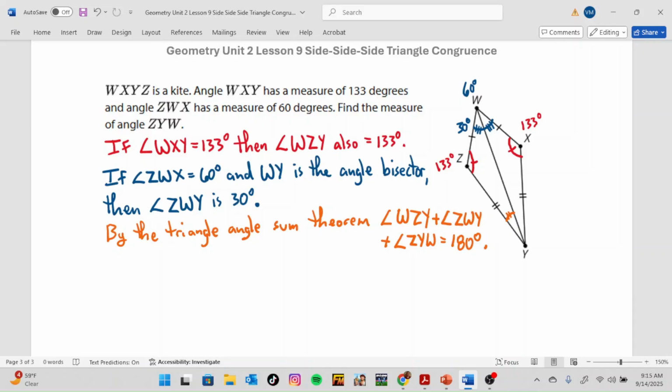Well, I know that the first one is 133 degrees. I know that the second one is 30 degrees. So I just need to find angle ZYW. 133 degrees plus 30 degrees is 163 degrees.